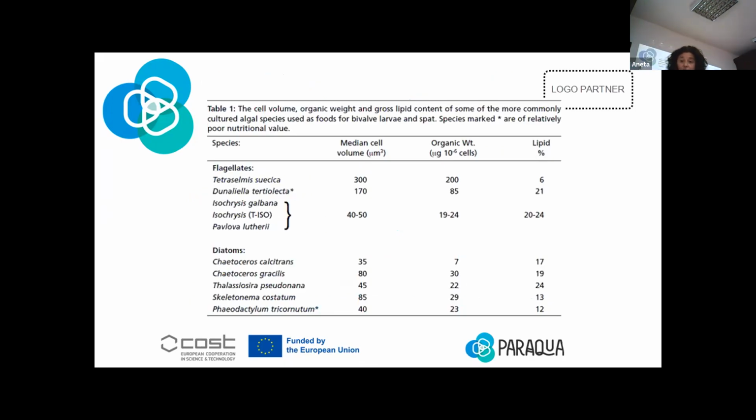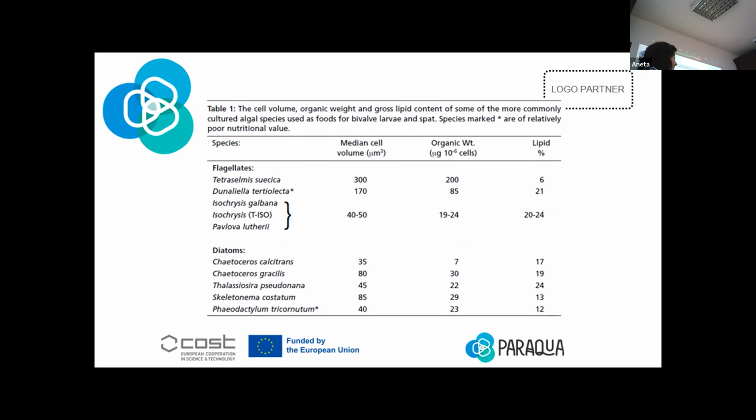So when we came to this, some 30, 40, 50 years ago, we came to some 10 to 20 species, and some of them, if you remember I mentioned, like Chaetoceros, Thalassiosira, and Skeletonema, were described and used in 1910. So we are still around the same species in aquaculture.